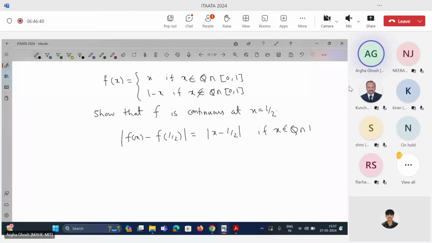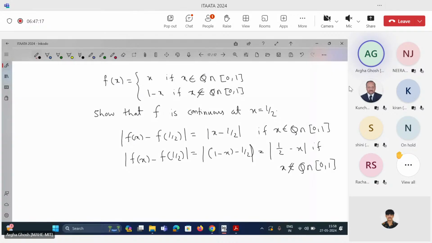And if irrational, then f(x) minus f(half) will be 1 minus x minus half, so it is nothing but half minus x, if x does not belong to Q in the section (0,1).